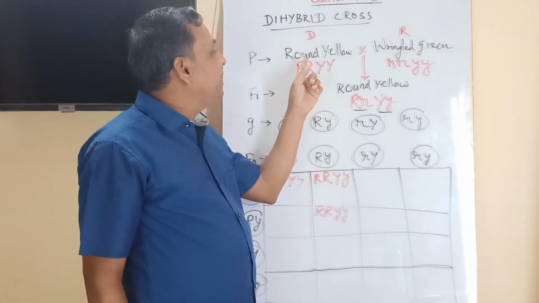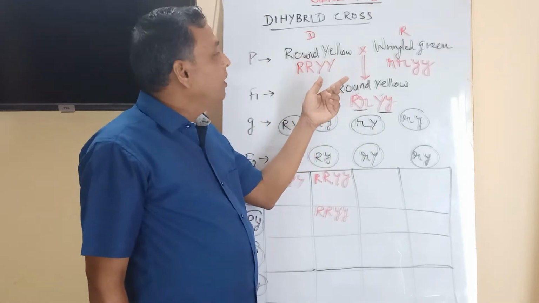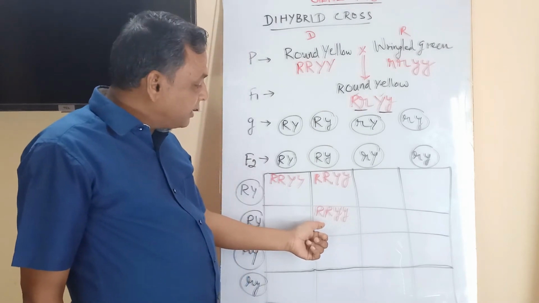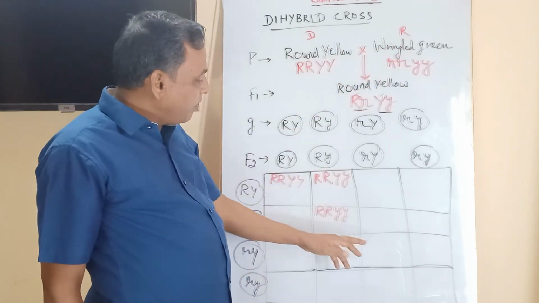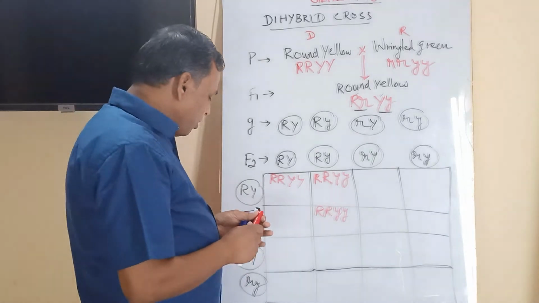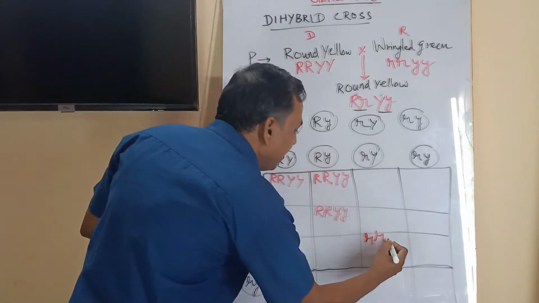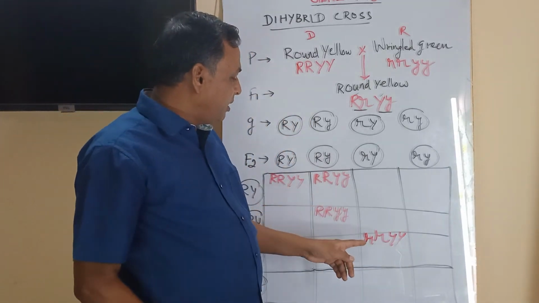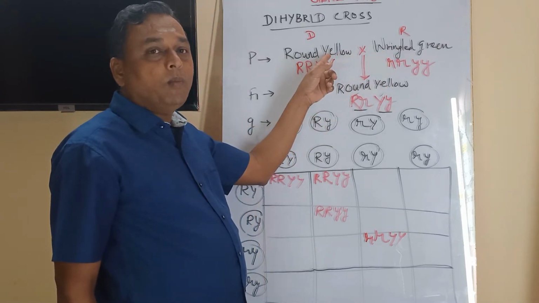So this is called the law of independent assortment. The traits separated, but here joined, so a new trait. This round green is not a parental trait, it is a new trait. What will be here? Small r, capital Y. That means what happened? The parental trait wrinkled joined with yellow.